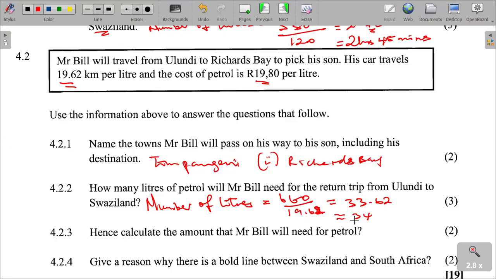So how many liters? Something like 34 liters of petrol can be needed in that case.